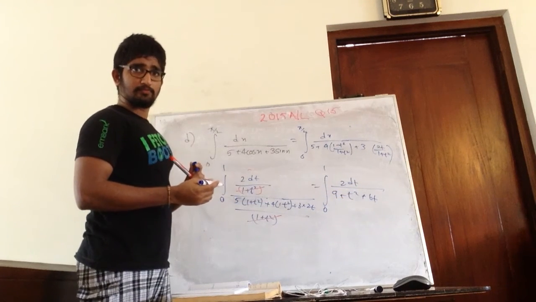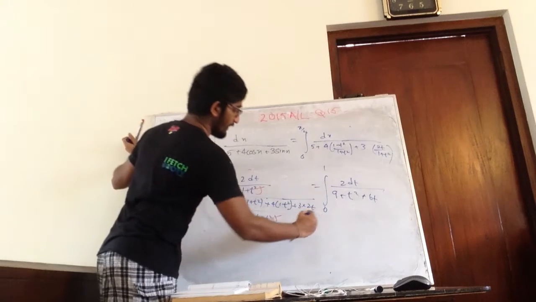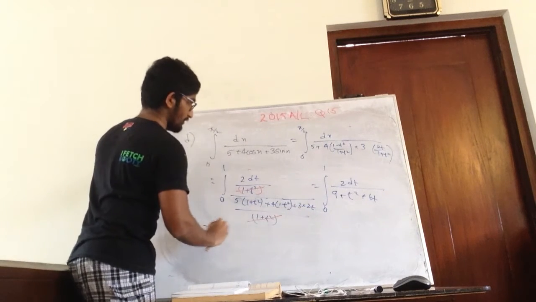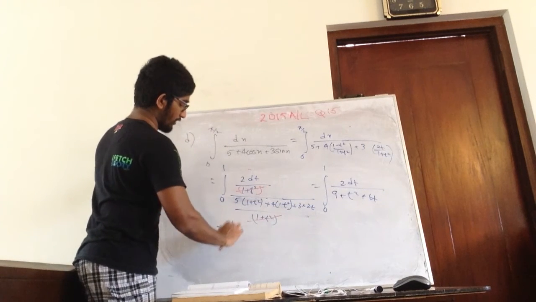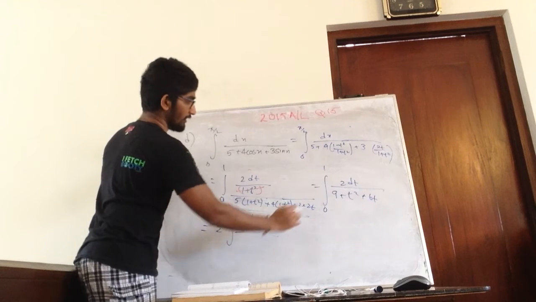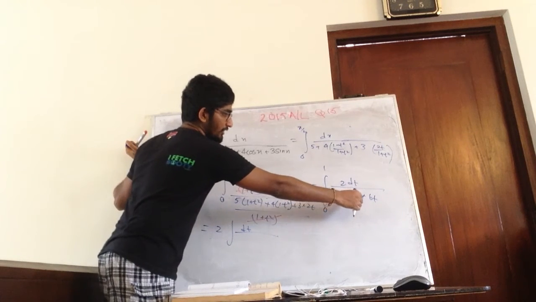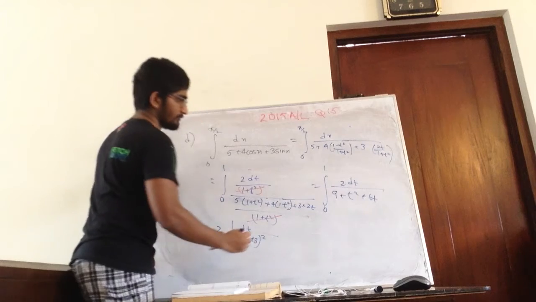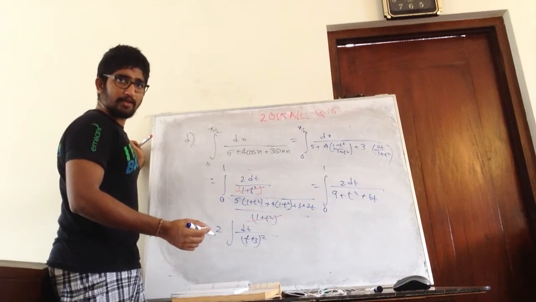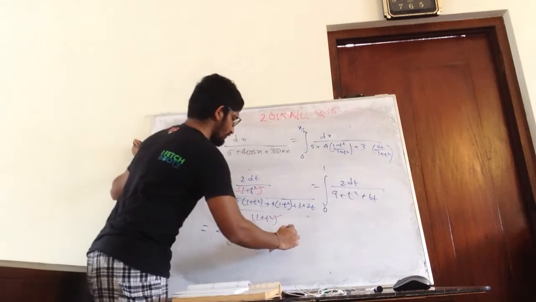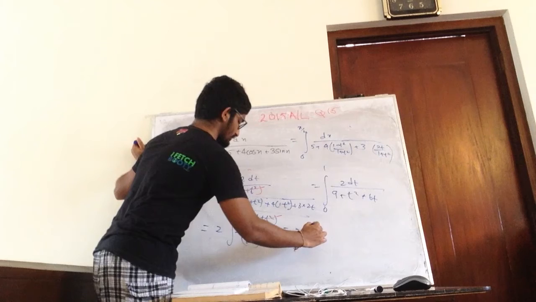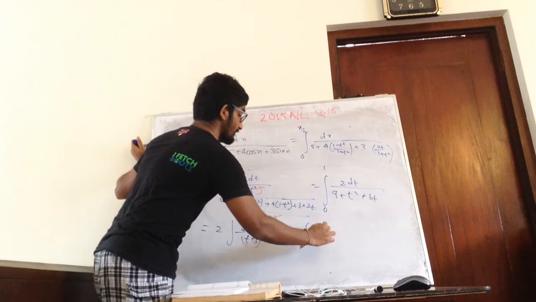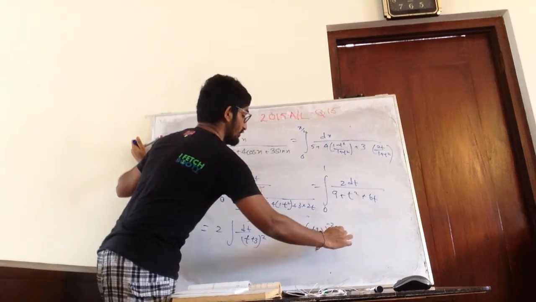Then I am going to take 2 out. So dt, this is basically t plus 3 square. So I am going to write this as 2 times t plus 3 minus 2 t.